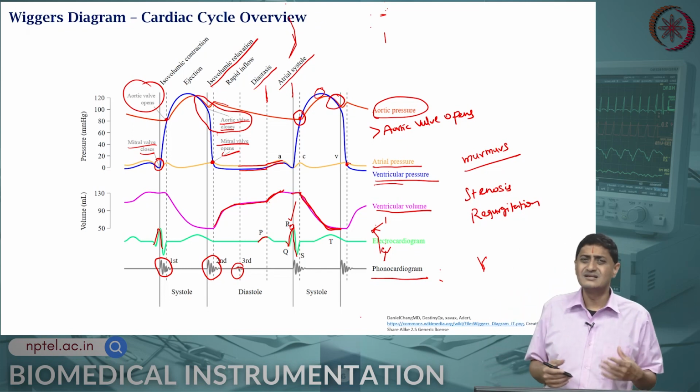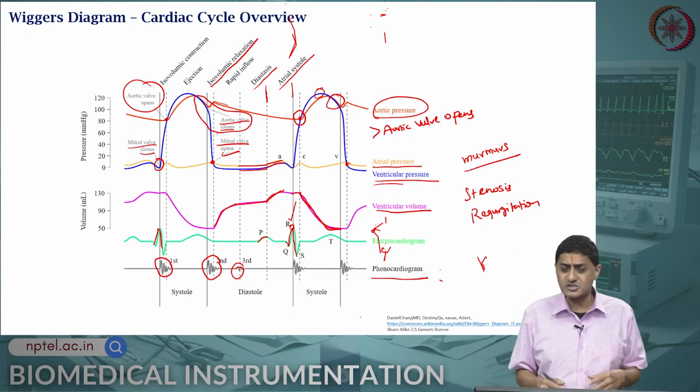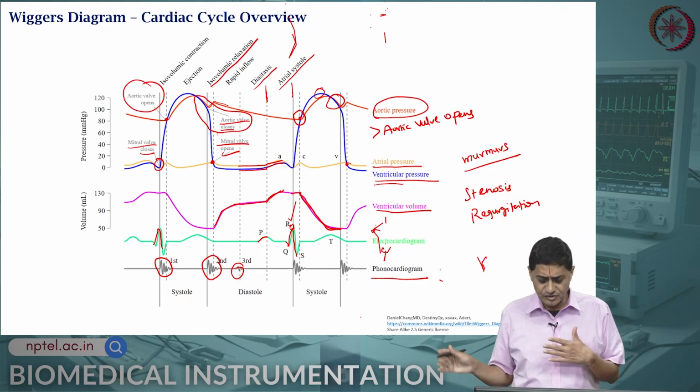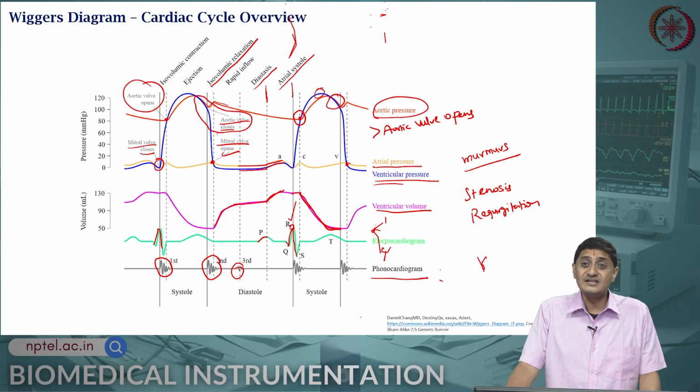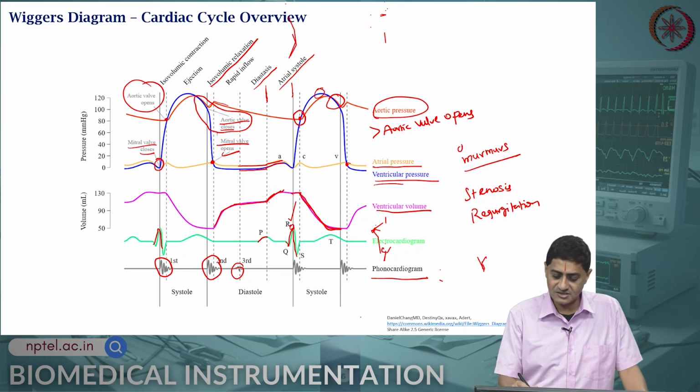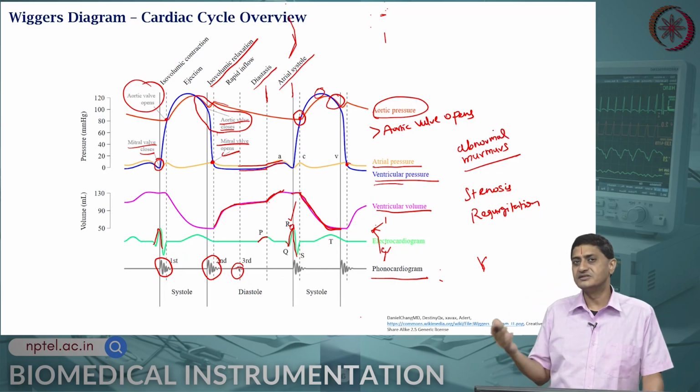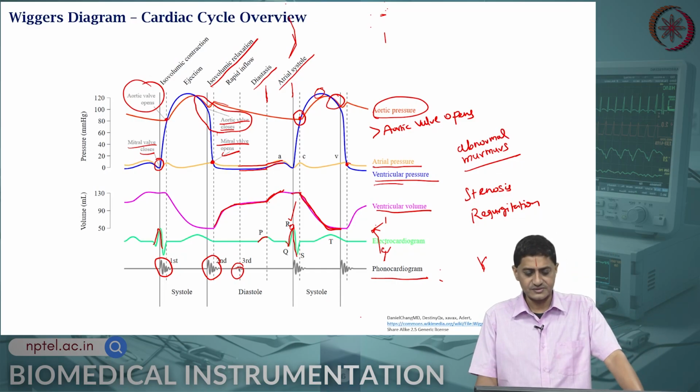The details are beyond the scope of this course, but are at least for future videos. Some of these can be heard as abnormal heart sounds or abnormal murmurs, which we will discuss in future videos.